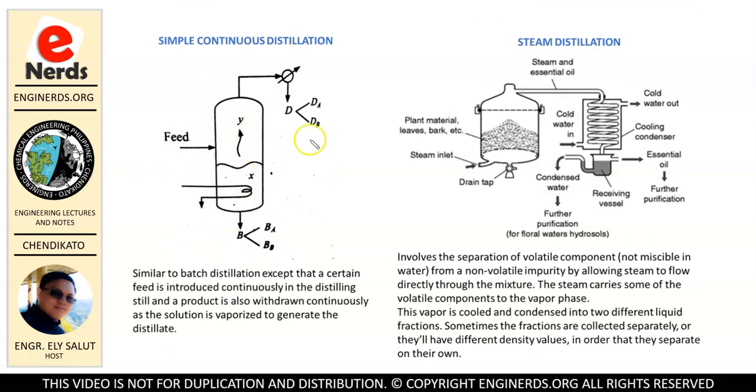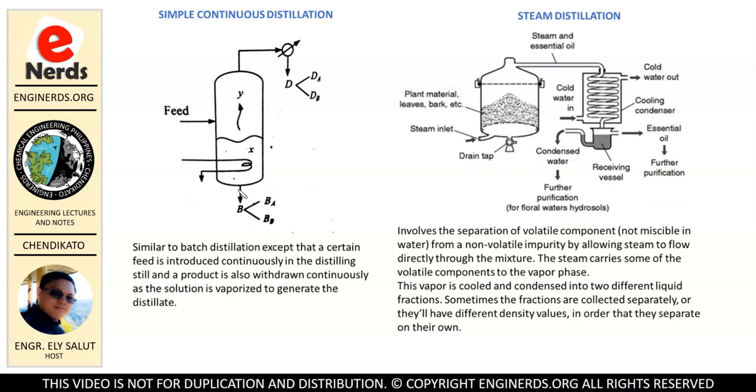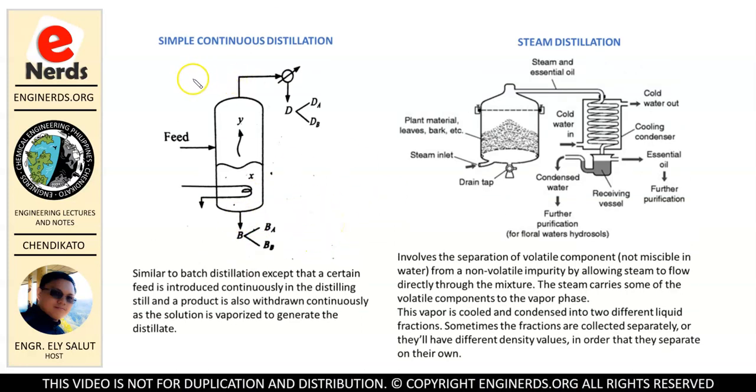And then continuous din tayong kumukuha ng distillate and bottoms product. Okay? Now, at steady state, the amount and concentration of liquid in the still is maintained constant all throughout the operation. And to relate the distillate and bottoms product, we assume that these are in equilibrium, so the relative volatility can be used. And we will talk more about that in a separate video about simple continuous distillation process.